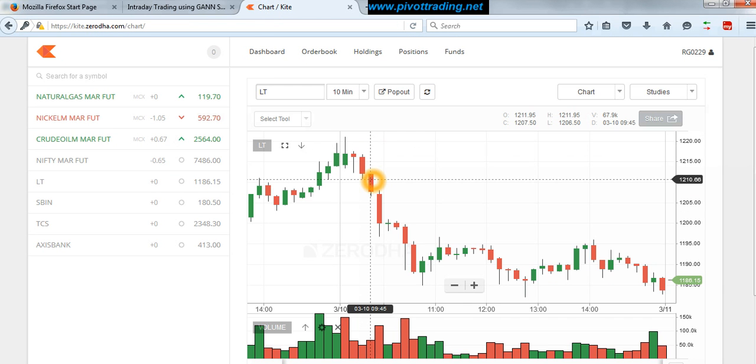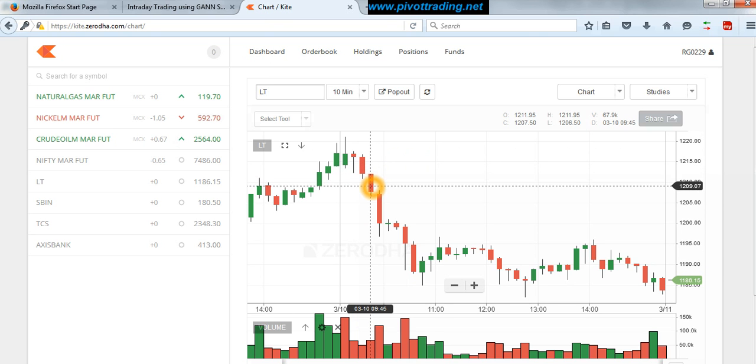Now let's see. From the chart itself we can see that there was never an upward move after 9:30. So definitely the buy level is not going to trigger, but the sell level of 1207 will be triggered.